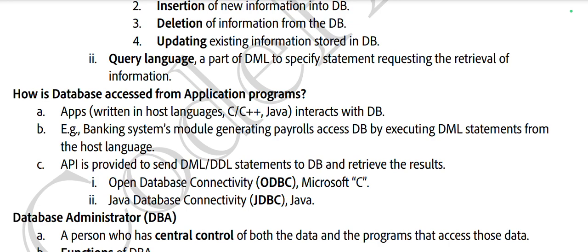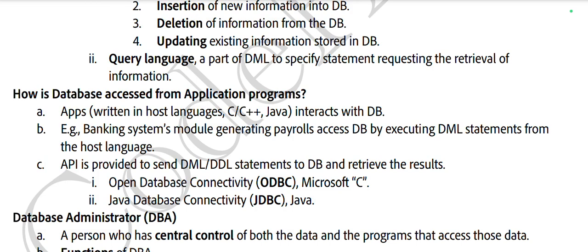Modules like an easy banking system generate parallel access to the database by executing DML statements from the host language. An API is provided to send DML or DDL statements to the database and retrieve the result. There are different APIs present.